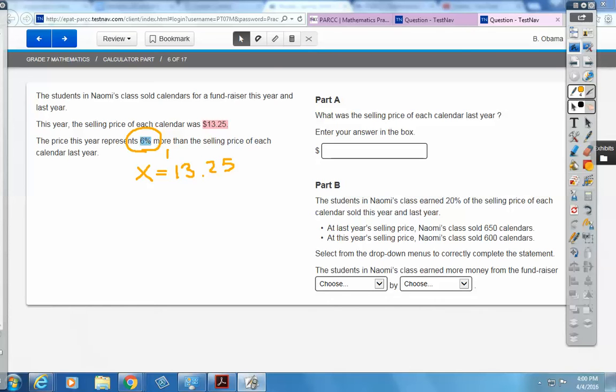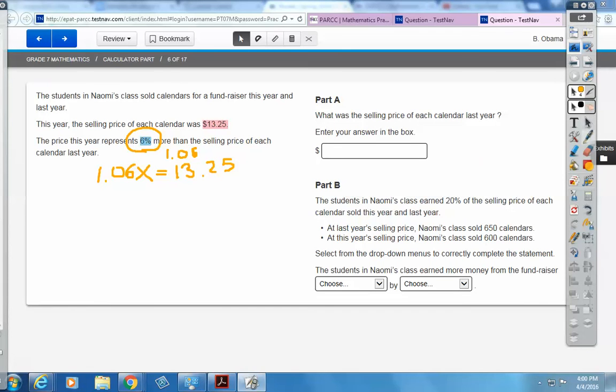But we're adding a 6%. So what is 6% as a decimal? Well, it's 0.06. So we have this 1, which represents the cost last year, plus the 6% increase. So that means 1.06 times x is equal to 13.25.